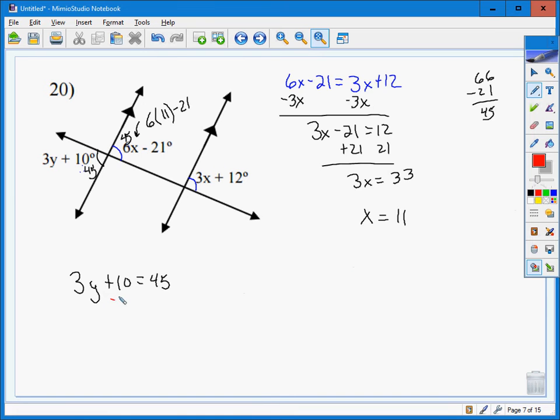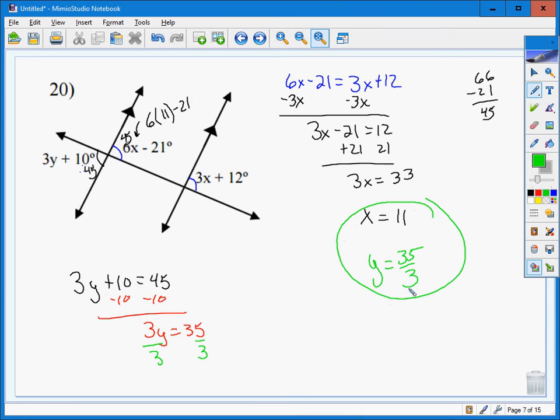If I subtract the 10 from both sides, I now have 3y equals 35. And I would simply divide both sides by 3. So y is equal to 35 over 3. That does come out to a repeating decimal. I'd rather you left it as an improper fraction.